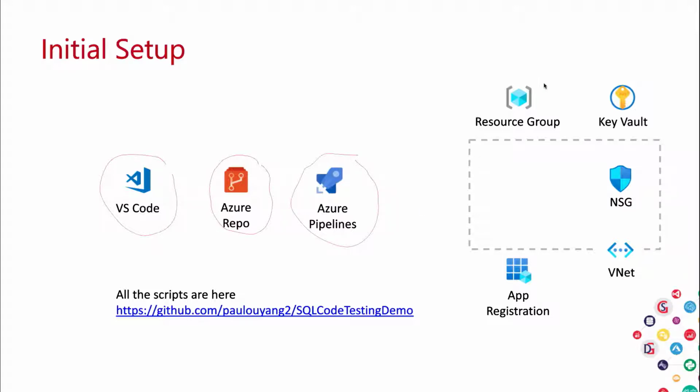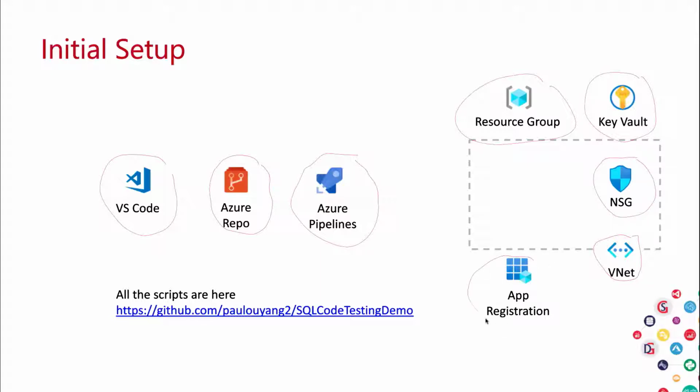For example, the resource group, which is a container of all the resources that we're going to use, and also a key vault, which is going to store the secrets or passwords. We're going to set up a virtual network that all those 5 VMs are going to share. And we're going to create a network security group to allow access to those VMs from the internet.